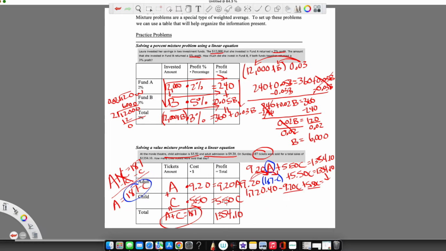So I'm going to have 1,720.40 minus 920 minus 550 is going to be $3.70 C. So I just combined these two. It was 920 negative plus 550 positive equals, now I can bring this down because I gave myself enough room there, 10. Alright, so we're definitely getting down to the end here.